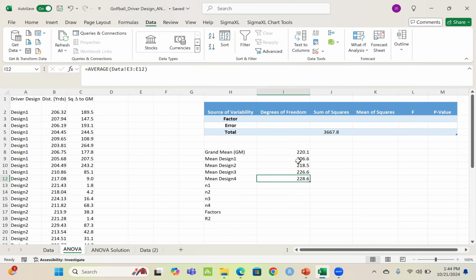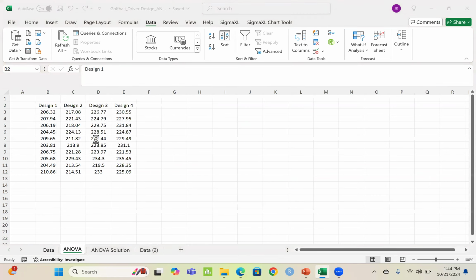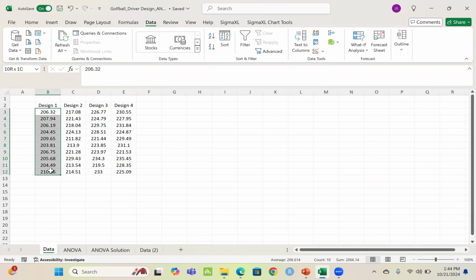What we want to verify statistically is if these differences that I'm seeing are actually significant. And by significant, I mean that the p-value is going to be low. Each of these means actually have 10 data points. So if I go here, we can see that there are 10 data points for each of these means.